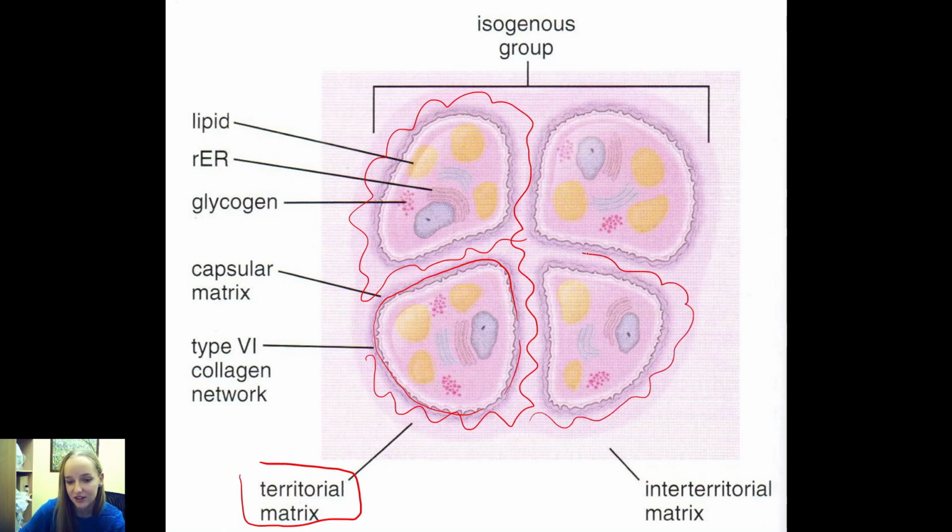The matrix that is close to the chondrocytes is called territorial matrix. And between the territorial matrices of several isogenous groups, we have interterritorial matrix. So this is the matrix between territorial matrices.